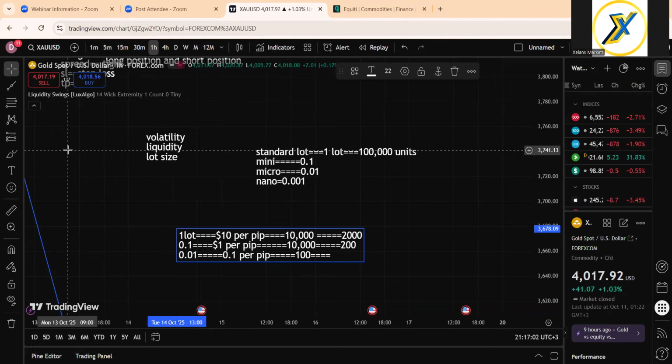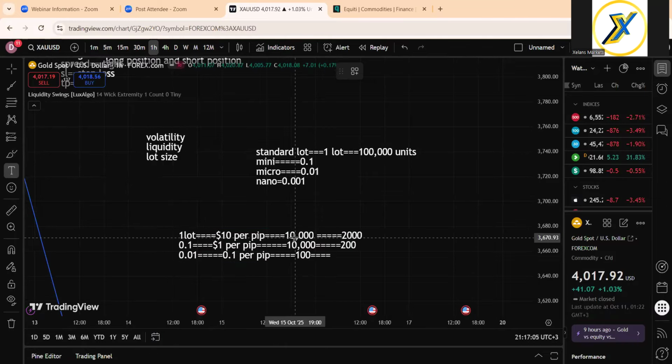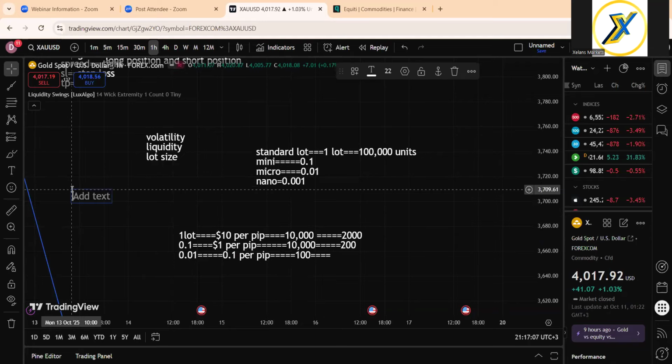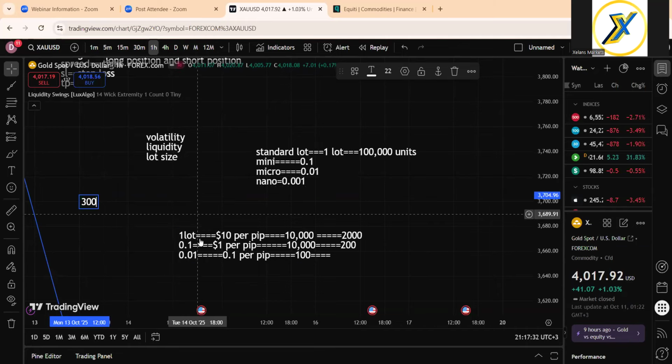So let's look at 3% of 10,000 so that you guys can understand how this actually works. 3% of 10,000 is around $300, if I'm not wrong. So you've risked $300 and gold moves 200 pips your side. So you're making $10 for every pip.